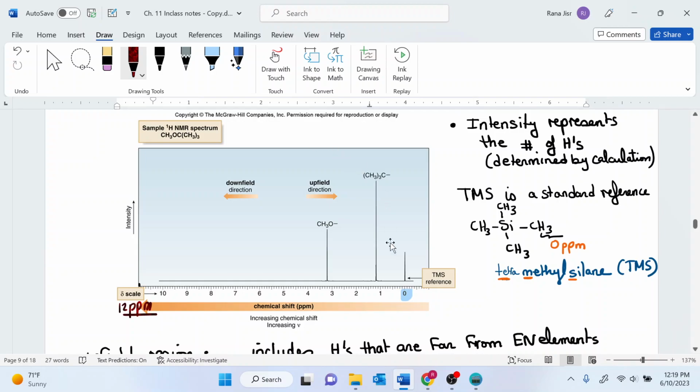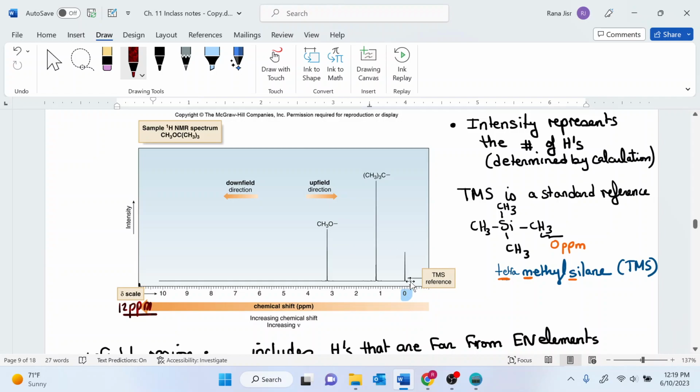This is what tells me where each different hydrogen is going to absorb in the proton NMR spectrum. Proton NMR detects different hydrogens in different environments. So if you have a carbon that does not have a hydrogen, you're not going to see its signal in the proton NMR. You will see it in the carbon-13, but not in the proton NMR.